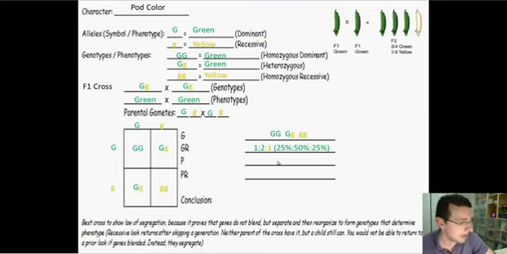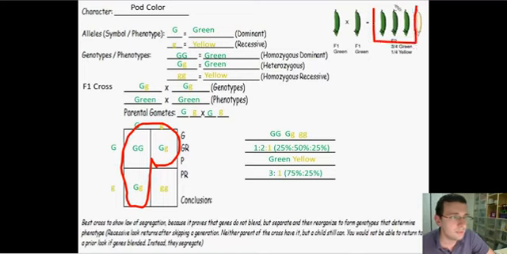All right? Now, you see both looks coming back. Like we said before, you're going to see 3 greens and 1 yellow. But why 3 greens? Remember that these 3 over here all have a dominant big G in it. And therefore, they're going to show up as dominant, showing 3 out of 4. That means for every 4 children you have, chances are 3 of them will be green.